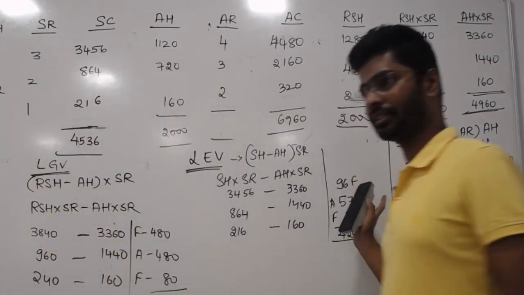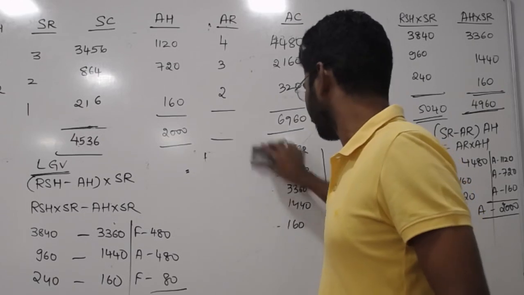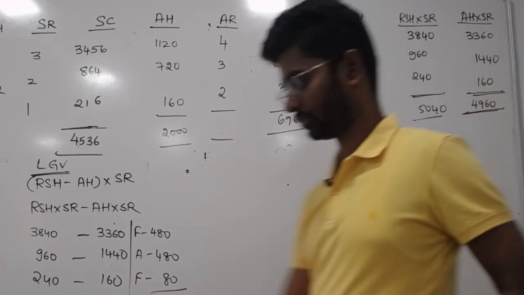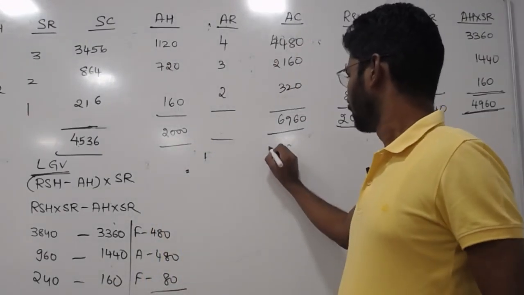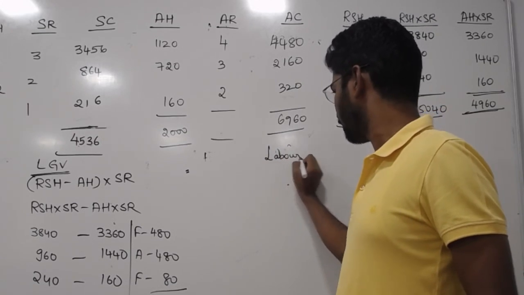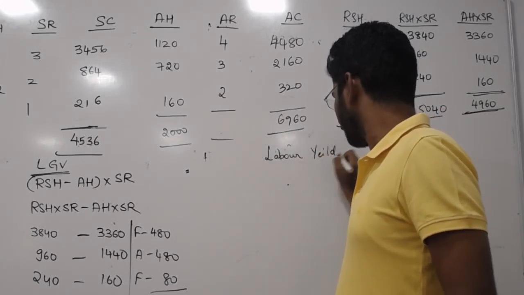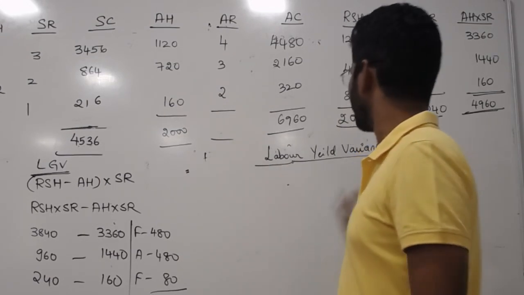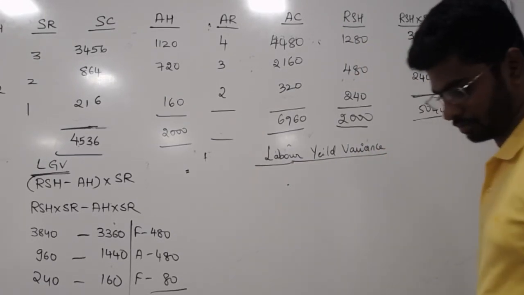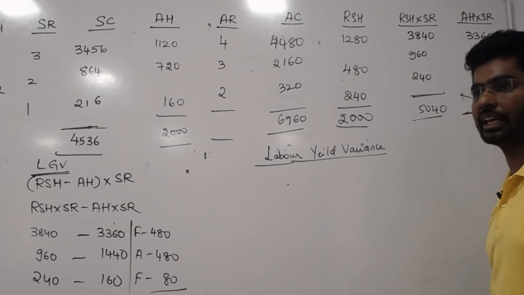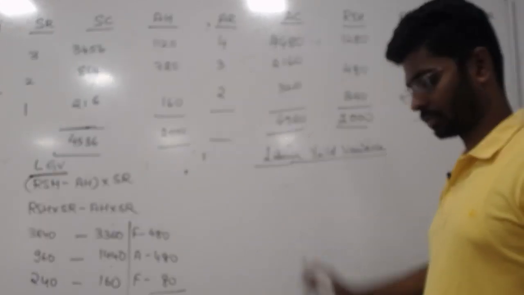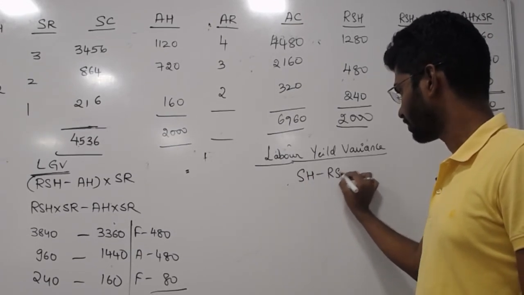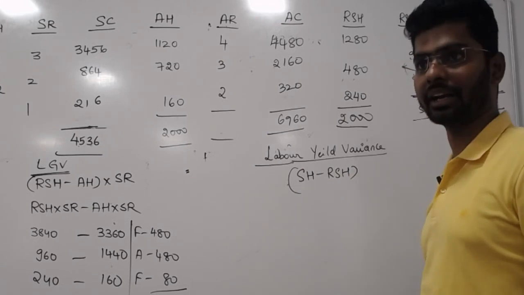So I'll erase this. Labor yield variance. What did I say your formula will be? SH minus RSH.